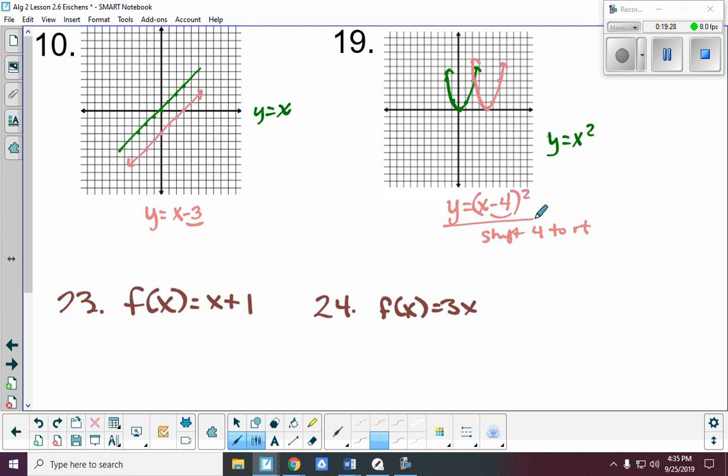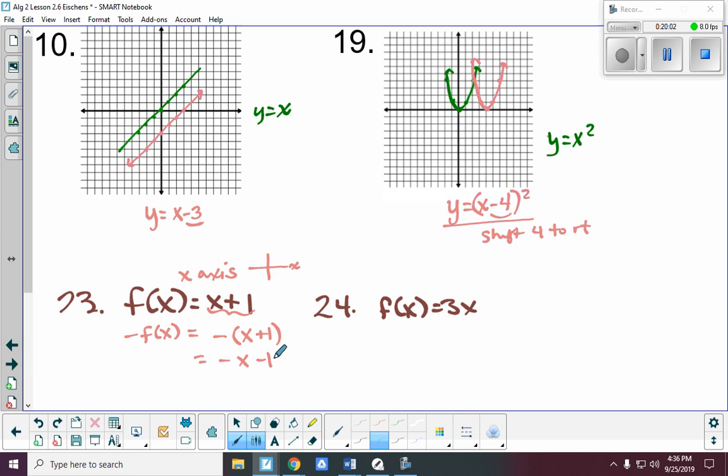All right, number 23, going down to that group, it says write the function rule for each function reflected in the given axis. So if you reflect, the first one is in the x-axis. So if we are going over the x-axis, the y's are going to change. So that would be negative f of x, which means it's a negative, and then f of x equals x plus 1, and you distribute.